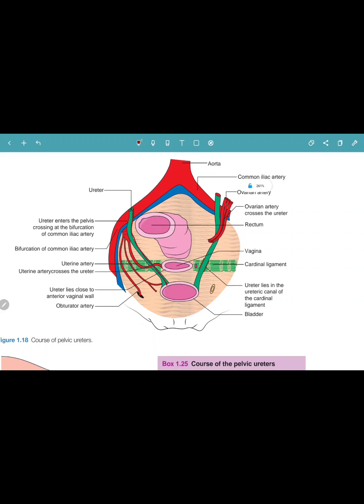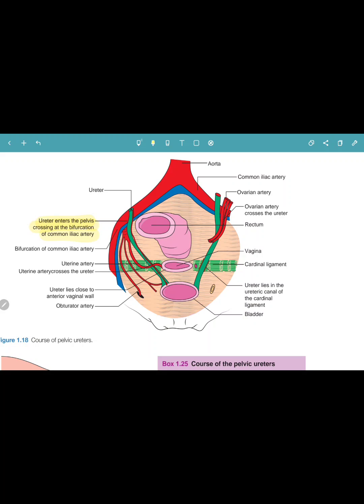The ureter enters the pelvis crossing the bifurcation of the common iliac artery. This is the bifurcation of the common iliac artery, and then you have your uterine artery over here.